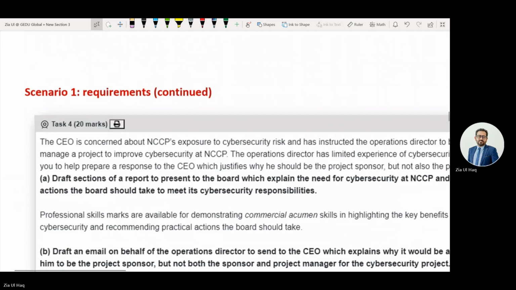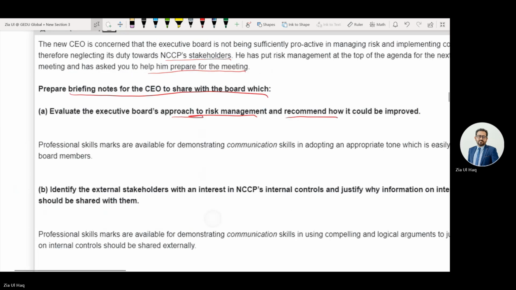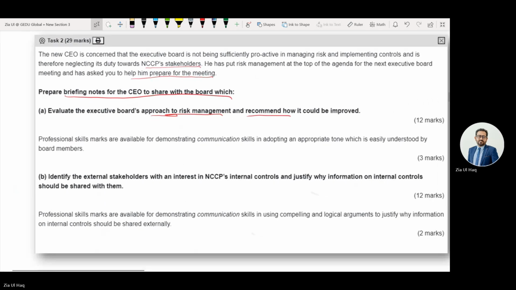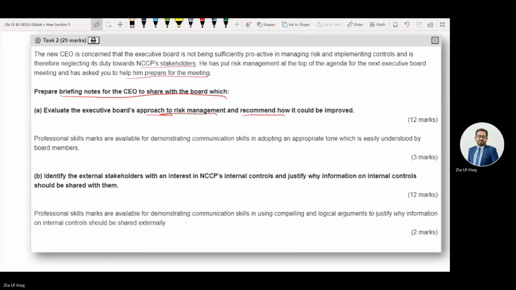Task 2, Part B of task 2: identify the external stakeholder, key stakeholder with an interest in NCCP's internal control, and justify why information on internal controls should be shared with them.